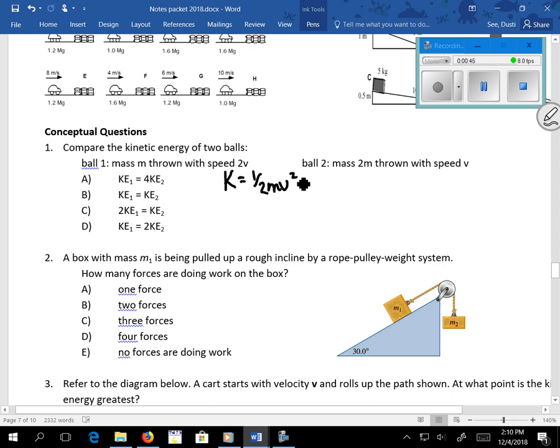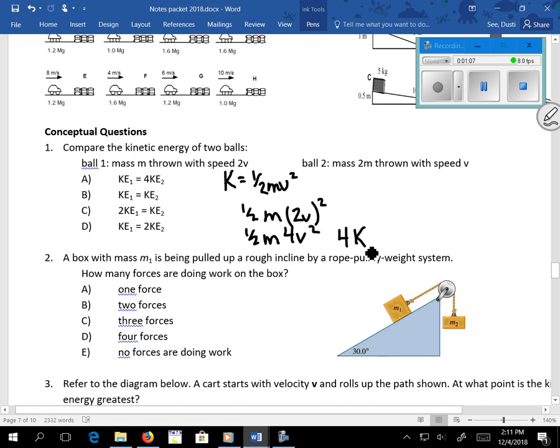So for ball 1, we have 1/2 and we have m, but we have 2v squared. So we now would have 1/2 m 4v squared. So when we really look at it, we have 4k.